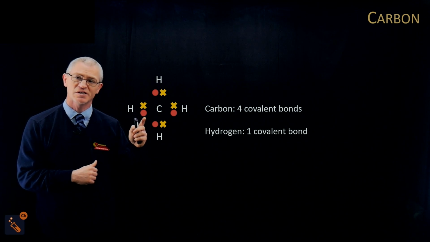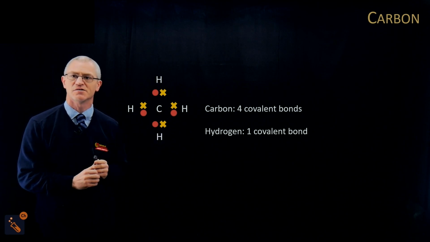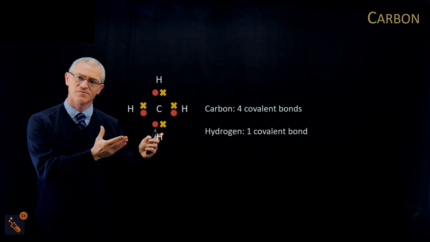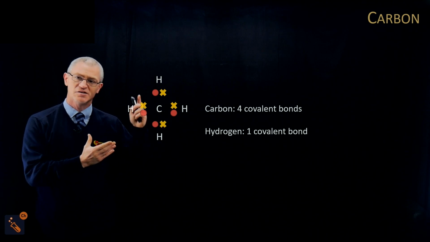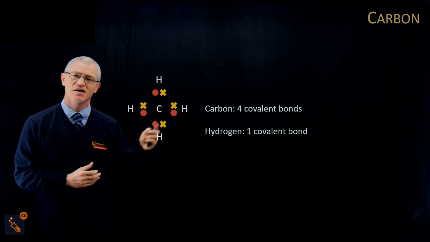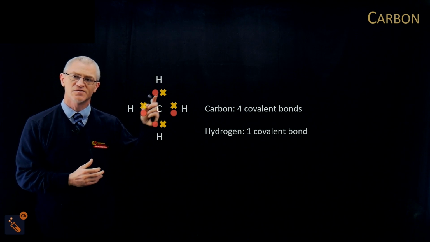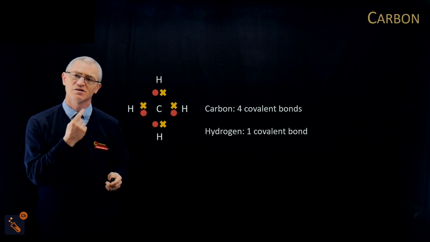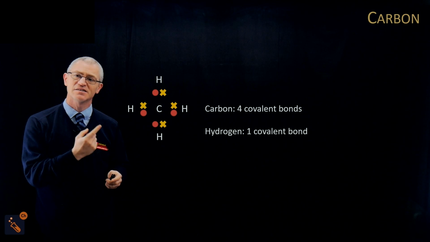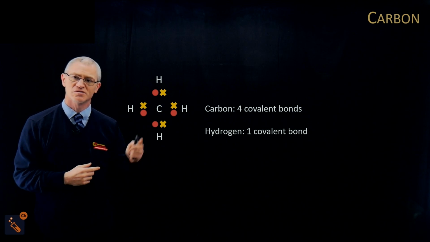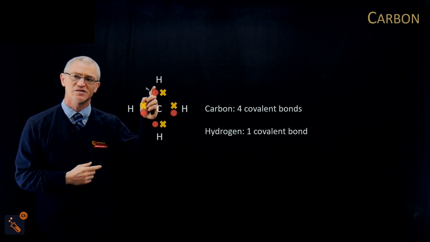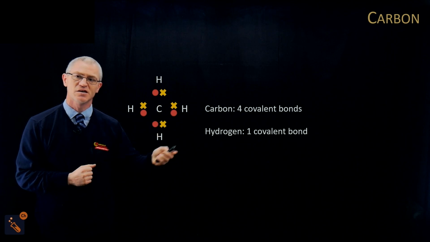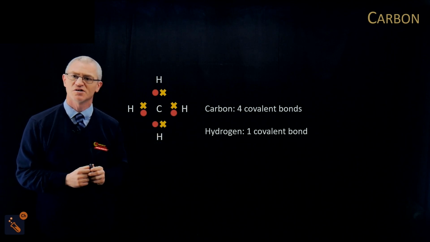And what I mean by that is the circle, the line. So here we've drawn it without that line representing that shell, and we can see that there is 4 pairs of electrons. Now, one pair of electrons is one single bond. So we've got a single bond here, a single bond here, here, and here. So that is our carbon with our 4 covalent bonds.